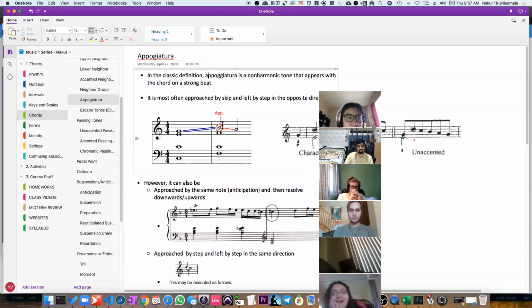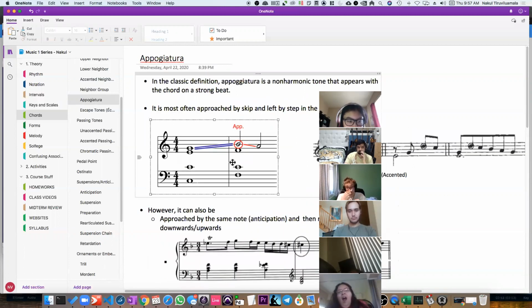We have a non-harmonic tone on a strong beat. And in the classic definition, the non-chord tone is approached by a skip, by a leap, and then it resolves in the opposite direction. So if it skips up, it steps down.